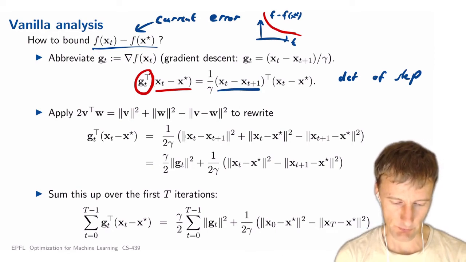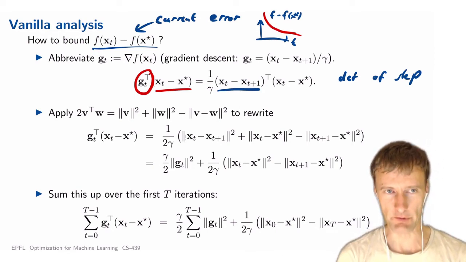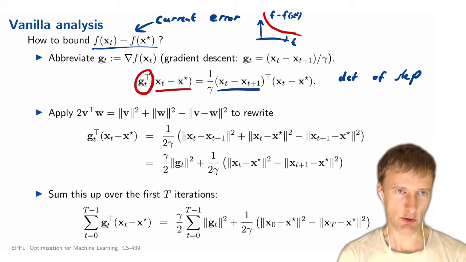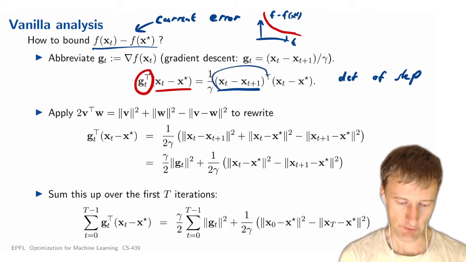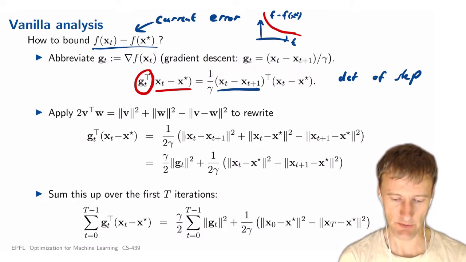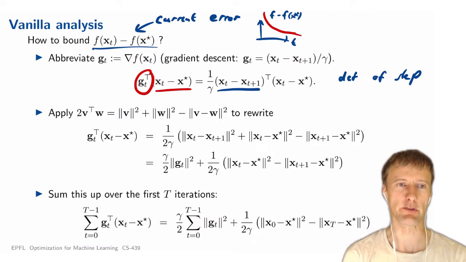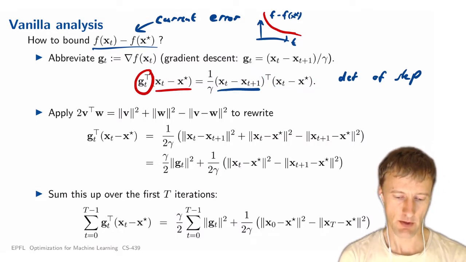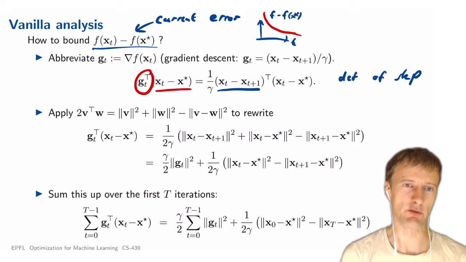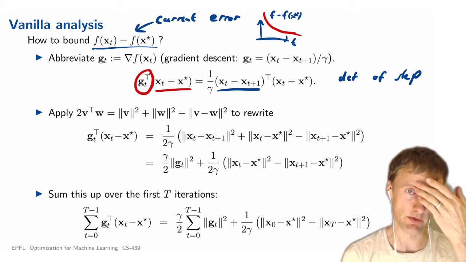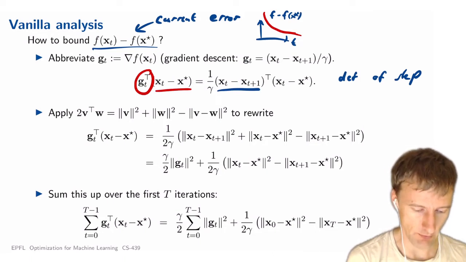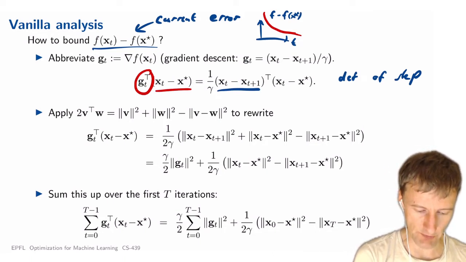We will see later why this is going to be useful, but we will see that if we talk about the norms of these quantities instead of the inner products, then that is going to help us for the analysis. So this is the inner product, right? It's the transpose of this vector, inner product with this vector. We don't like that. We would like to have norms there. So how can I relate norms to inner product? The simplest way to do so is this here.